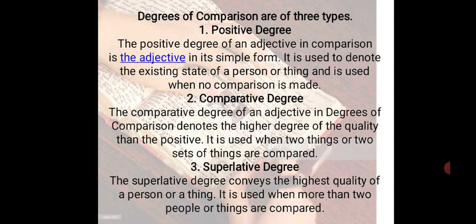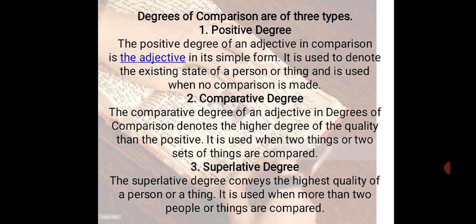The positive degree of an adjective in comparison is the adjective in its simplest form. It is used to denote the existing state of a person or thing and is used when no comparison is made.